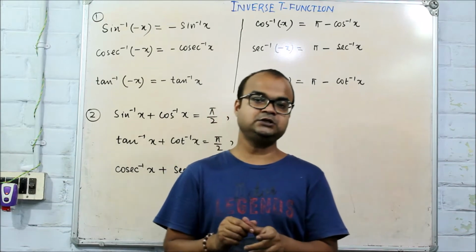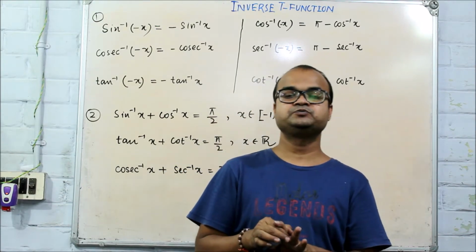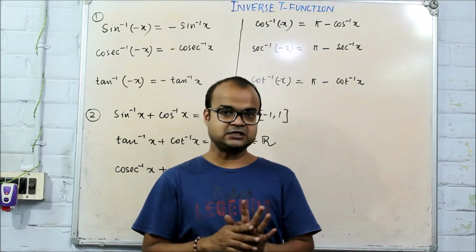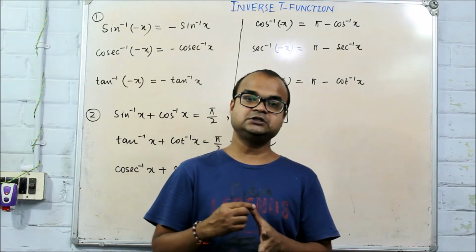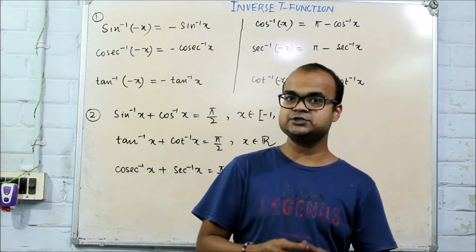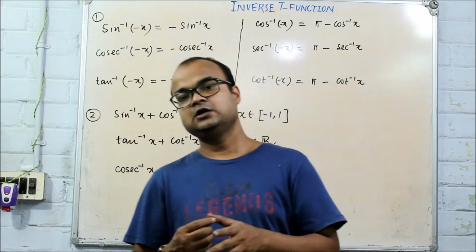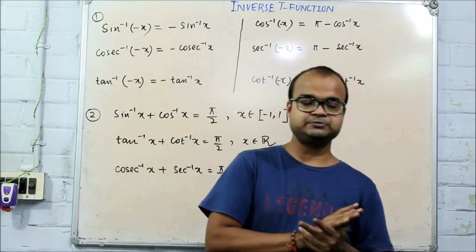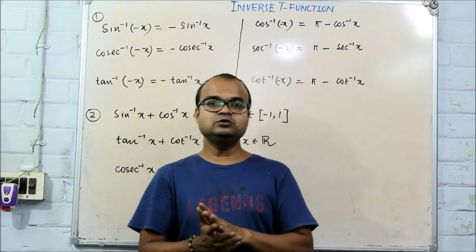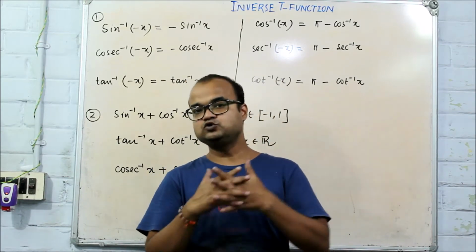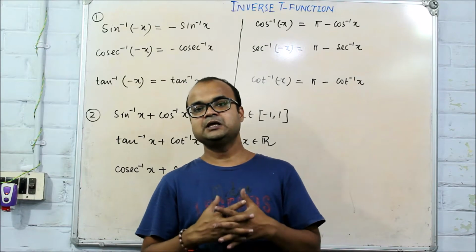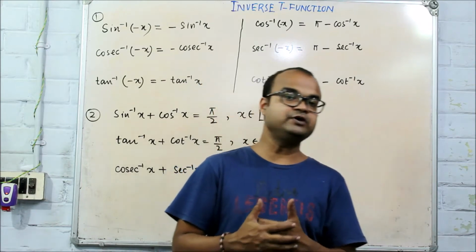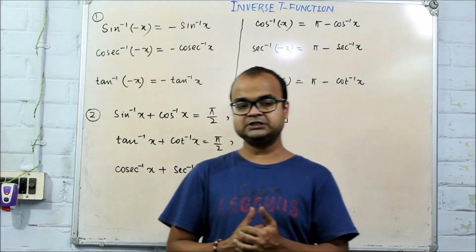In the first part, we discussed the basics, that is, the inverse of a function exists if it is one-one and onto. We explained that concept. In part 2, we discussed how to find the principal value, domain and range of inverse trigonometric functions.